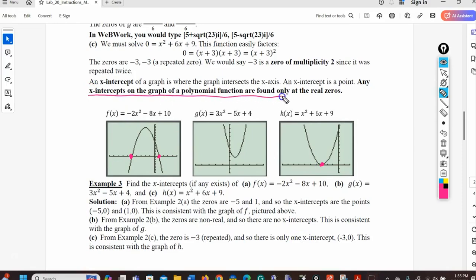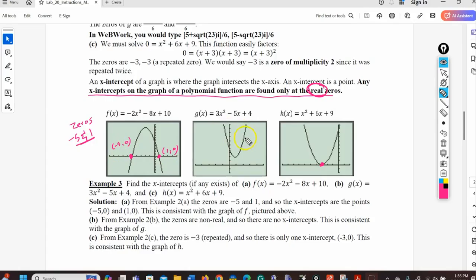X-intercepts are found only at the real zeros. In example 2, we found the zeros, and the zeros were -5 and 1. And look here, we have an x-intercept at -5 and an x-intercept at 1, and they're points. So the zeros were real numbers, and we had two real zeros, so we get two real x-intercepts.